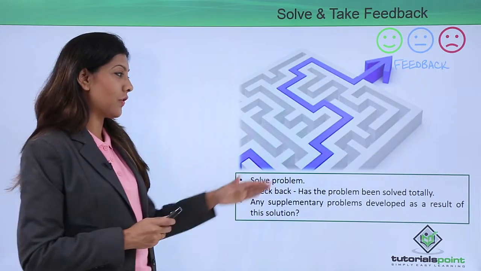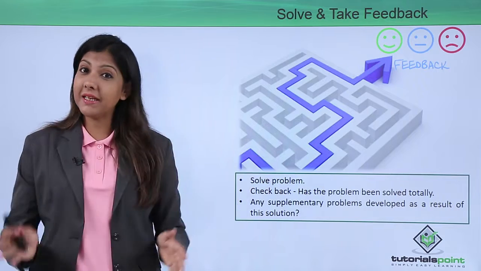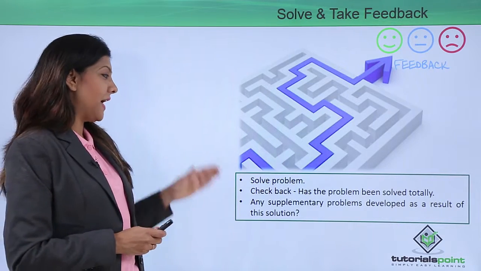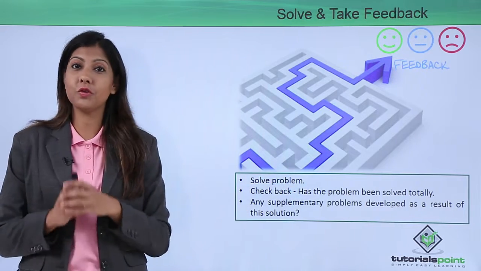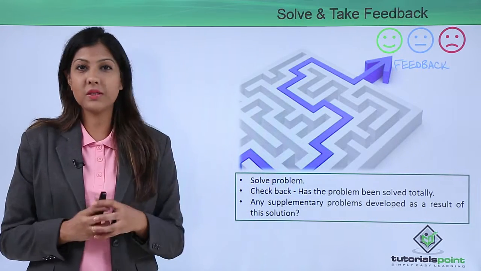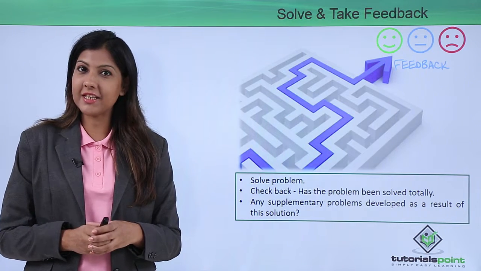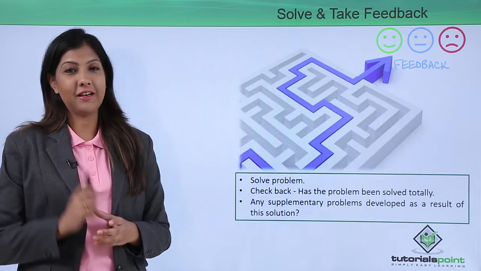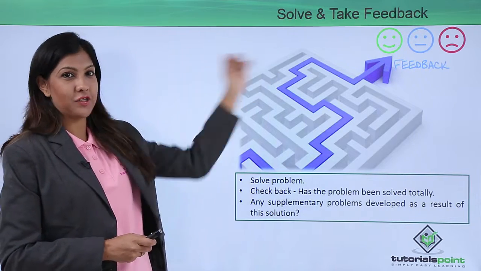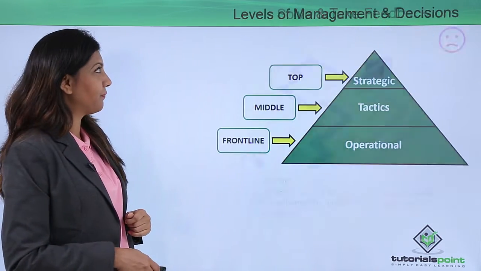So you need to ensure that the problem has been solved completely and from the root of it. Were any supplementary problems developed as a result of this solution? You need to also identify, while you were solving this particular problem in your organization, whether any other developmental things have come up, and only after identifying that you have to take the feedback of the people.